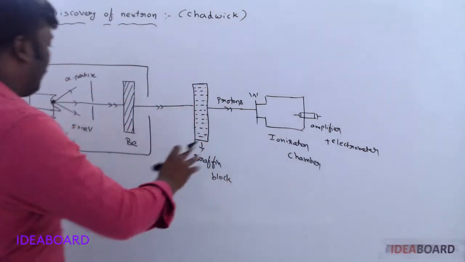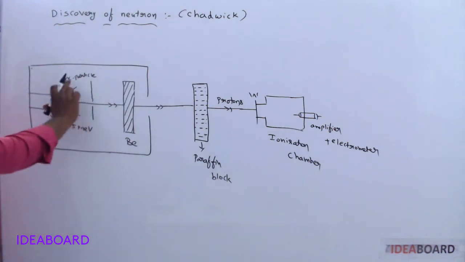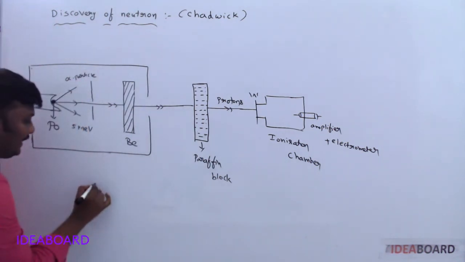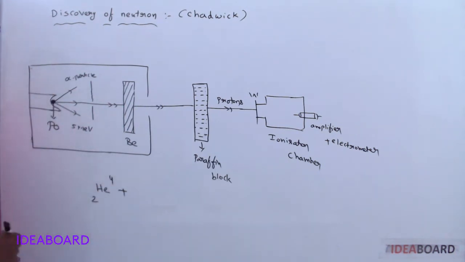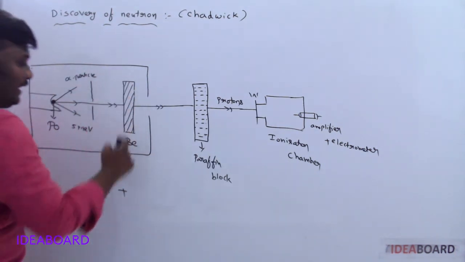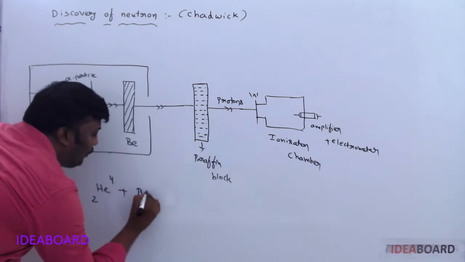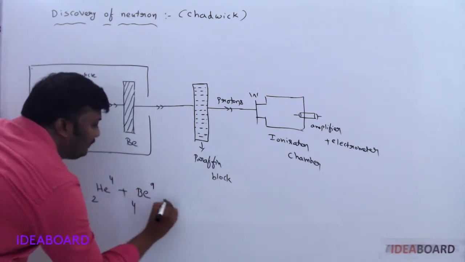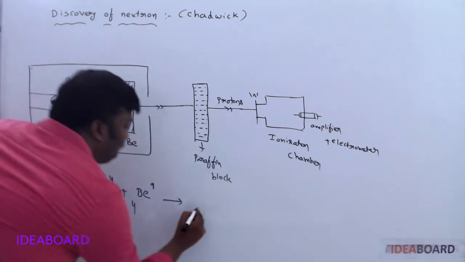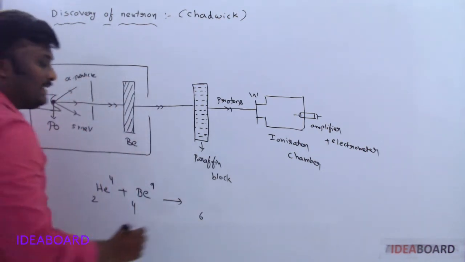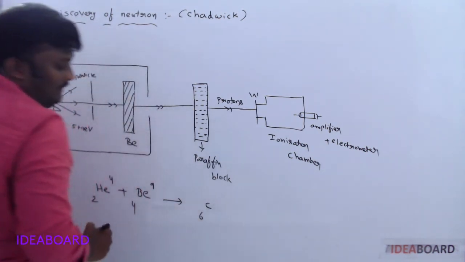Okay. During this process, what happens? See, alpha particle is nothing but doubly ionized helium, He 2+. Here I am considering one beryllium isotope, Be 9, 4. So 2 plus 4, 6. Atomic number 6 is carbon now.